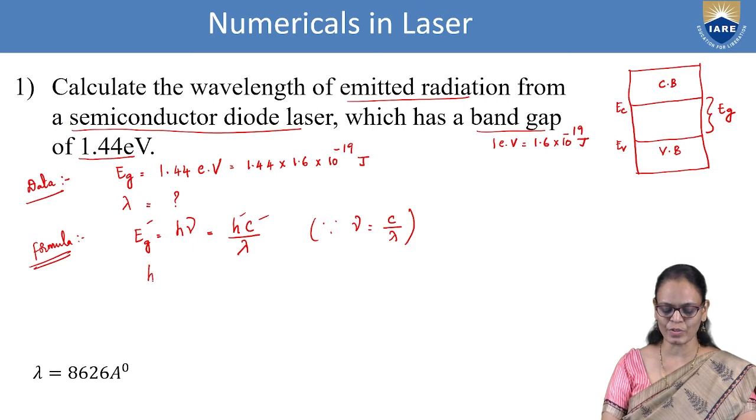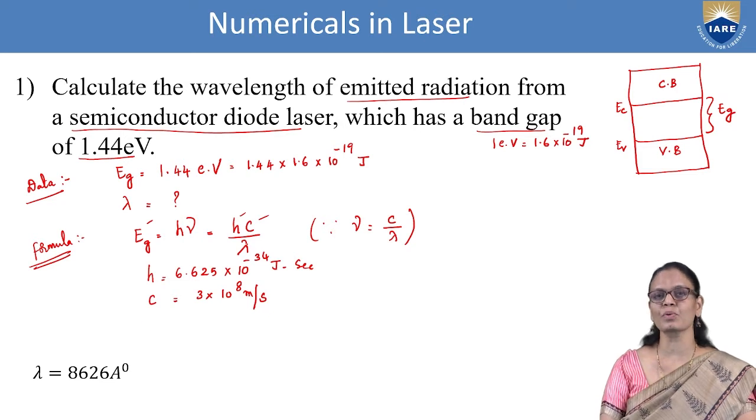So what is the value of h? 6.625 into 10 to the power of minus 34 joule seconds. And the velocity of light c is given by 3 into 10 power 8 meter per second.